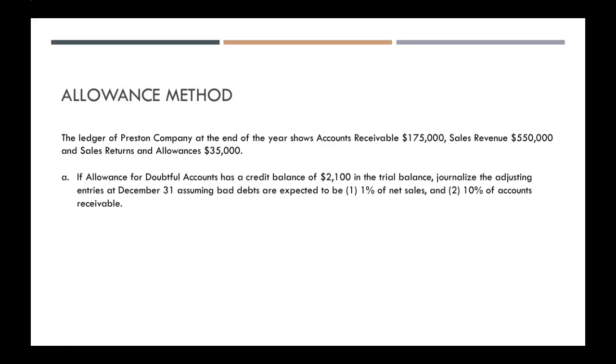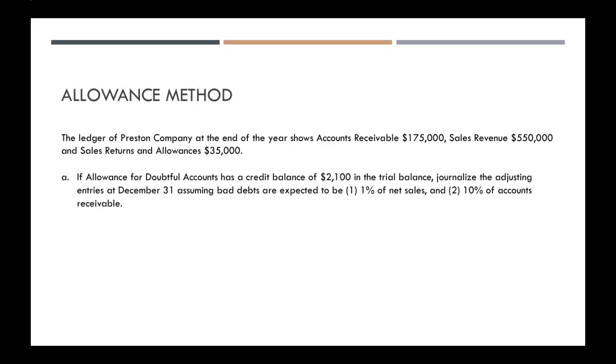So a company uses these methods in order to account for that, to figure out what can we expect to be an uncollectible amount. So under the allowance method, we have two different ways of doing this. We can do it the percentage of sales basis or the percentage of receivables basis. So we're going to do both of those here in this problem.